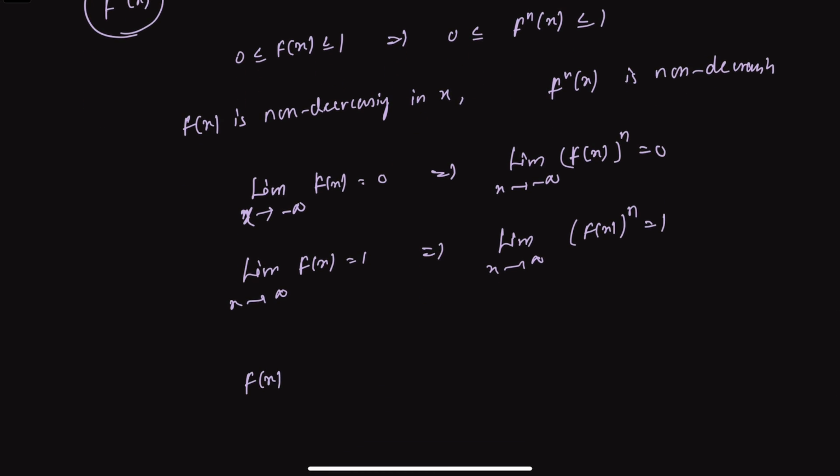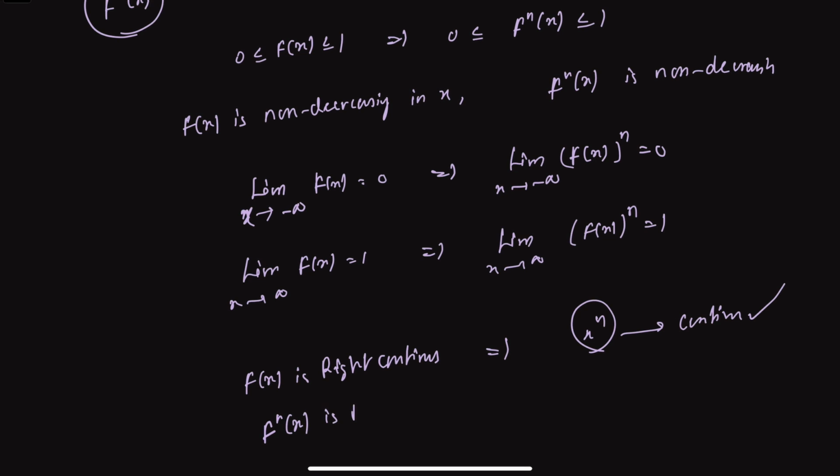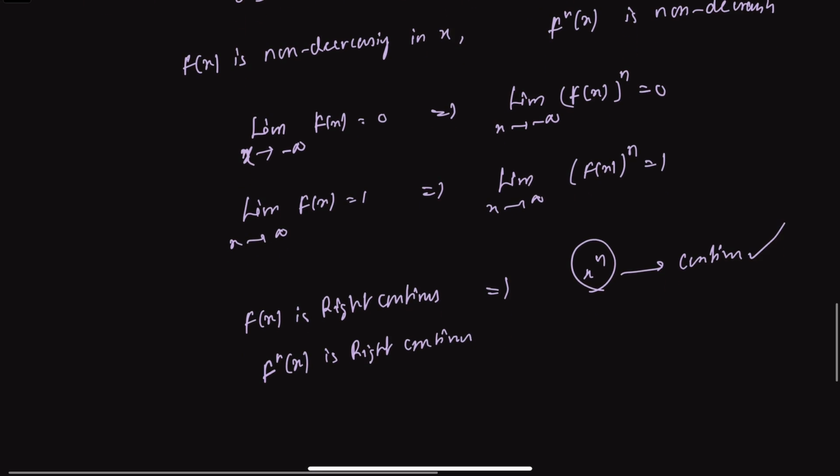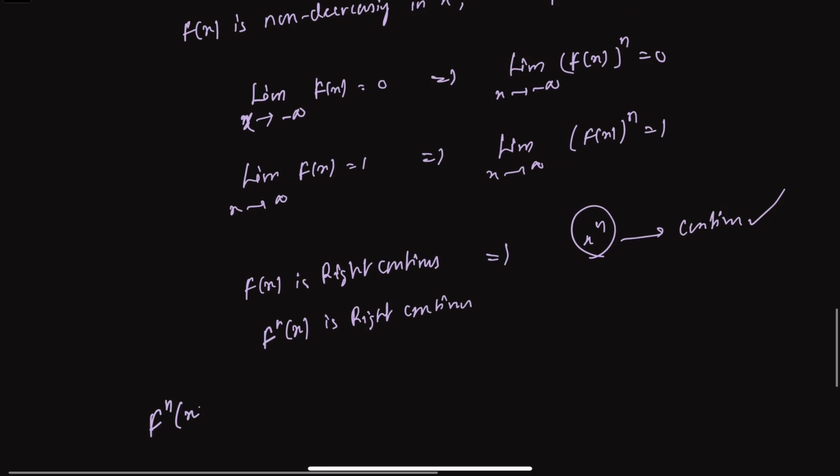And F of x is right continuous since it's a distribution function. The power function x to the power of n is a continuous function, so F of x whole to the power of n will also be right continuous.